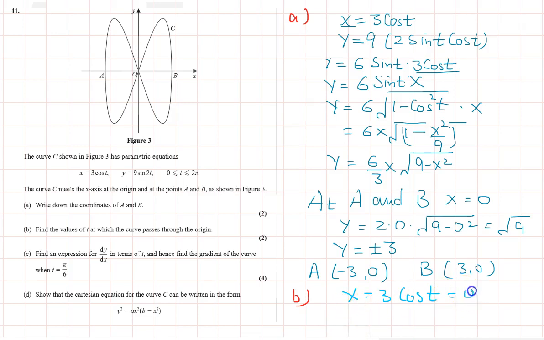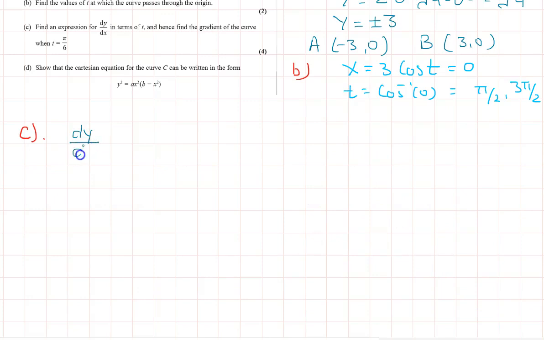So at x is equal to 0, t is equal to cos inverse 0. So cos inverse 0 is this and this. So that is pi over 2 and 3 pi over 2.